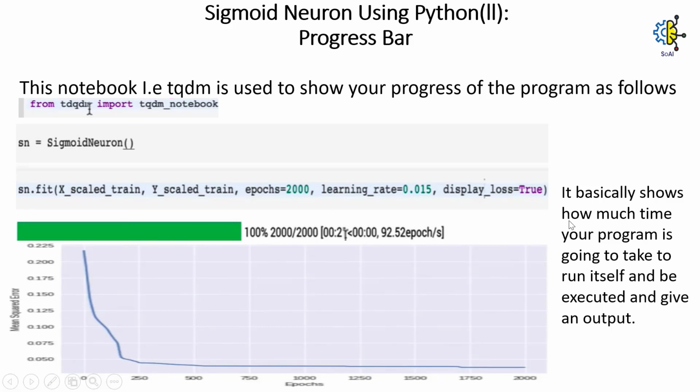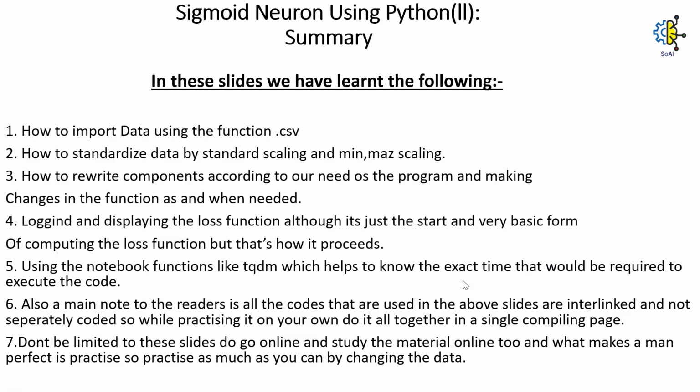You can see this statement, and after that this is the progress bar. It basically shows how much time your program is going to take to run and be executed and give an output. So here this is the conclusion.